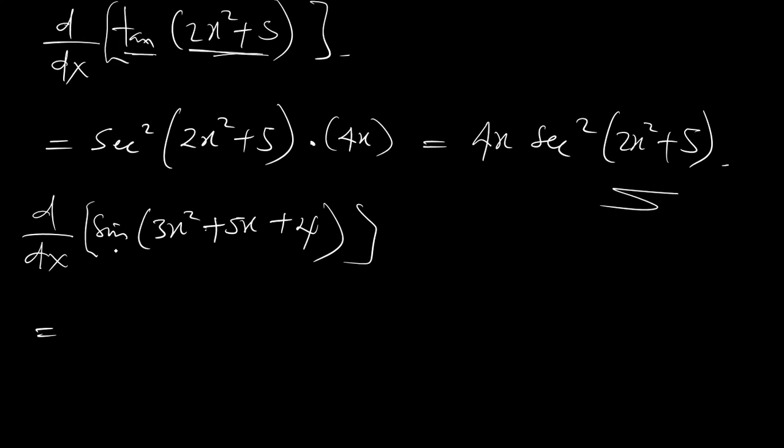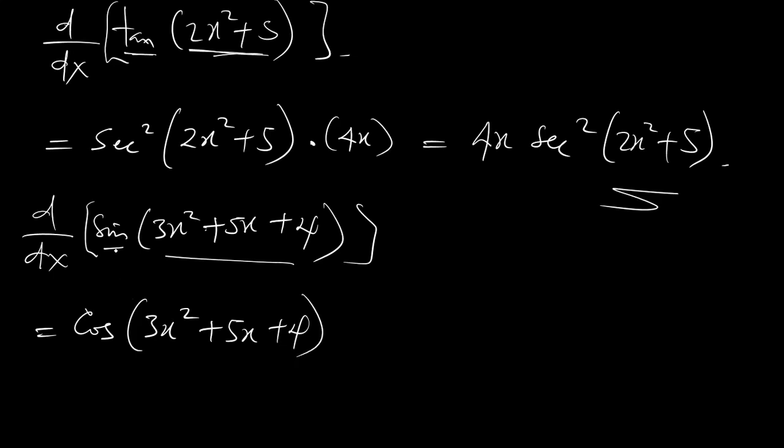So the derivative of this now, we say you derive, you do the derivative of the whole of this function with respect to sine. So you have cos. This one will remain the same. You have 3x squared plus 5x plus 4.